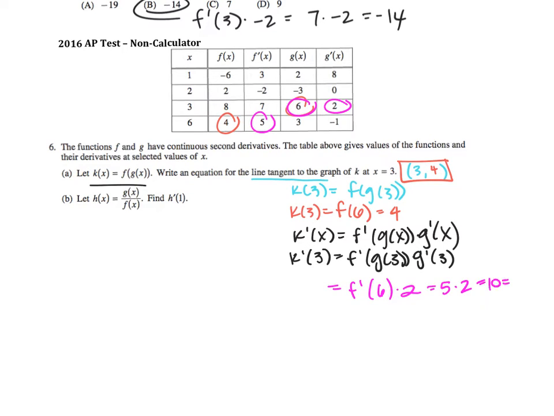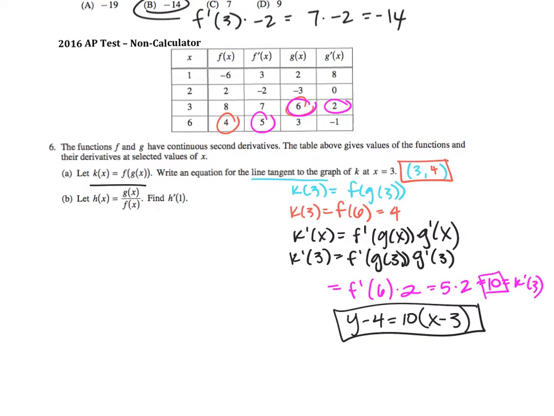So I get k prime of 3 is 10. My slope is 10. My point is 3, 4. So the equation of the tangent line would be y minus my y equals my slope, x minus my x. And I did it.